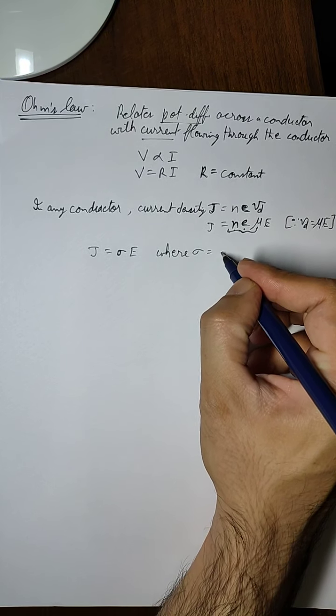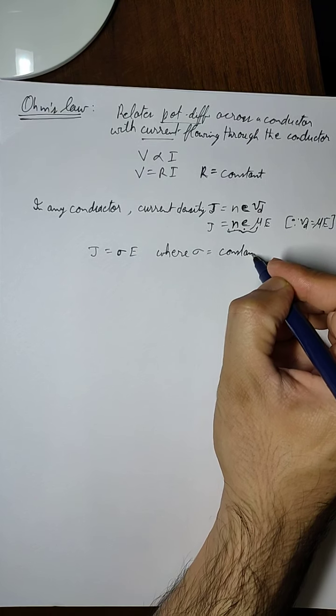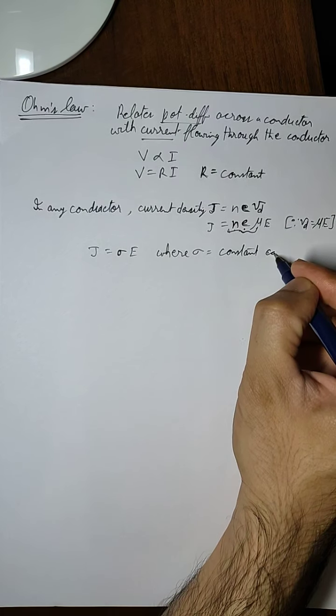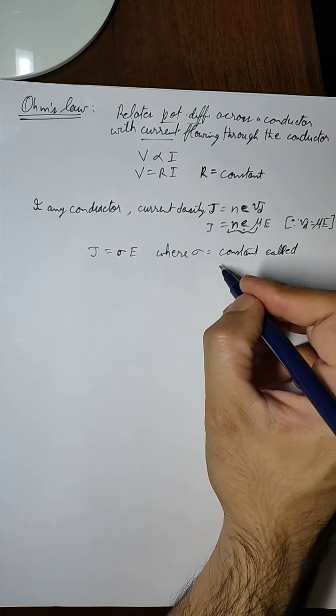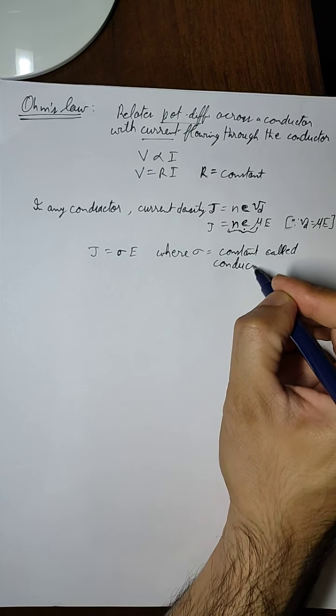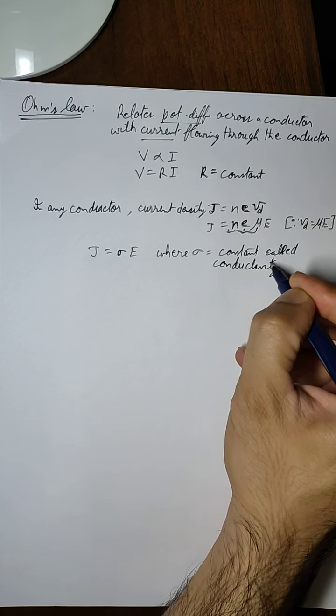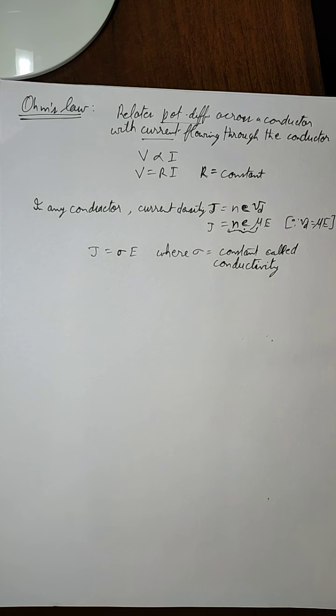It is a constant and it is called conductivity. So it is the conductivity of any material. Conductivity means how well a conductor allows electrons to flow through it, or allows the current to flow through it. The better the flow of current, the more is the conductivity.